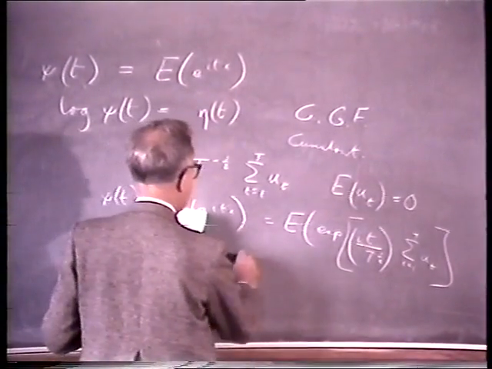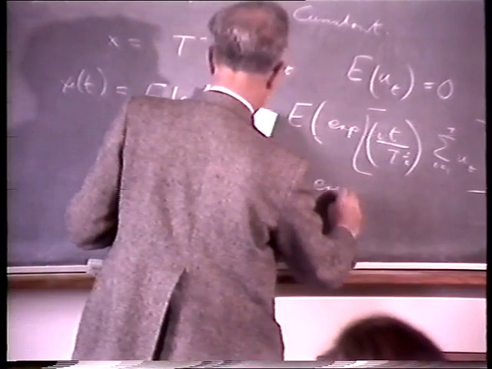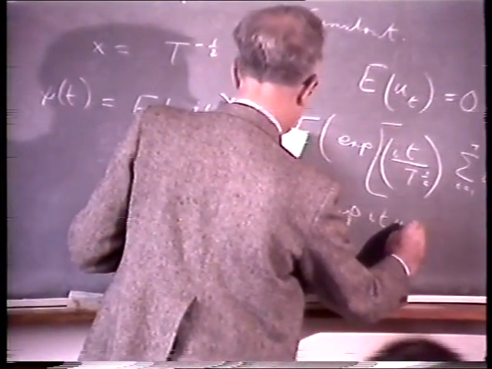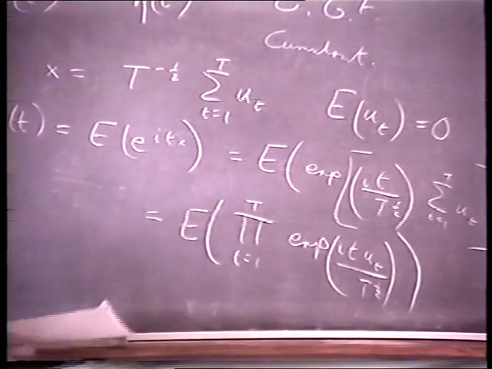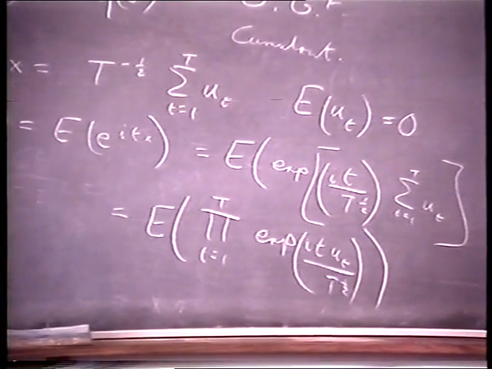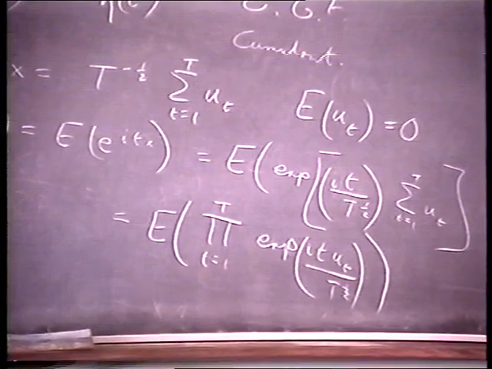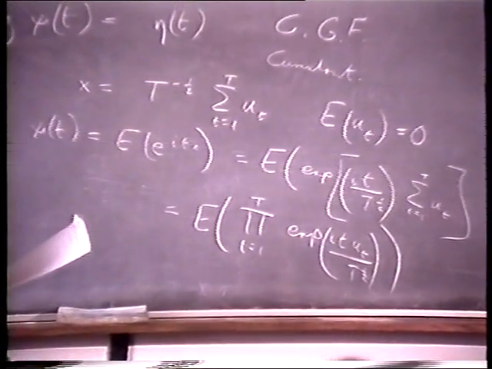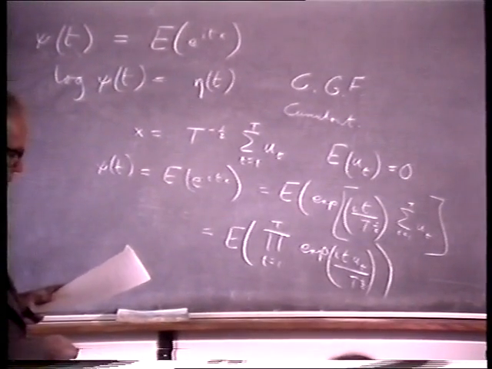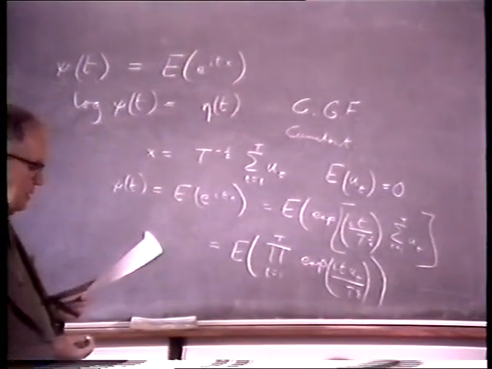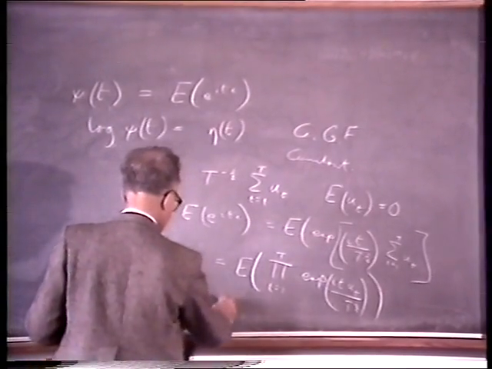And so this is just the same as that product. And of course we have independence, so that we can write this as the product of the expectations. Well, of course, each expectation is the characteristic function for the u worked out at t upon T to the half, and so this is equal to the product.